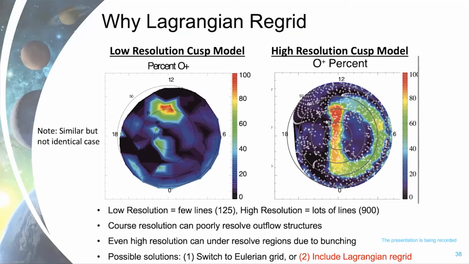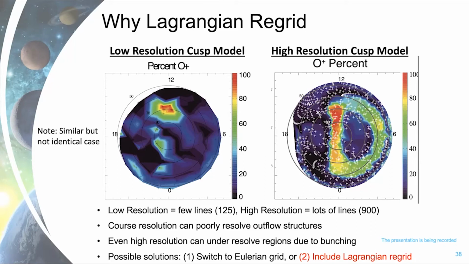In particular, if you don't have enough field lines, on the left, this is a case with a relatively small number of field lines, 125. This is looking down on the polar cap at the effect of an imposed cusp. And what we find is that we get in general the right solution, but it gets kind of choppy, that if you have coarse resolution, you can only poorly resolve outflow structures.